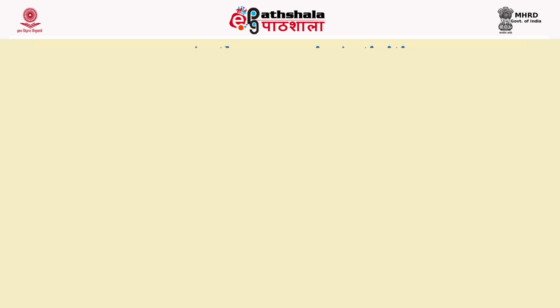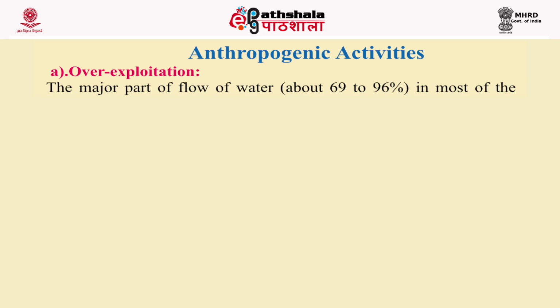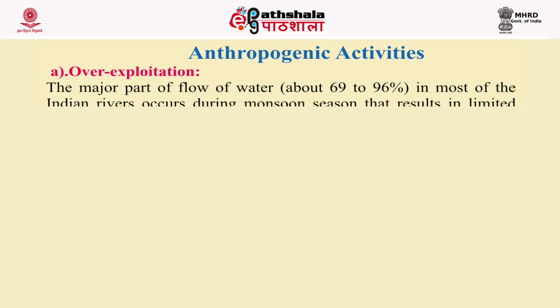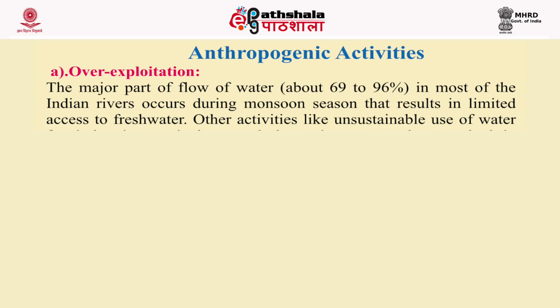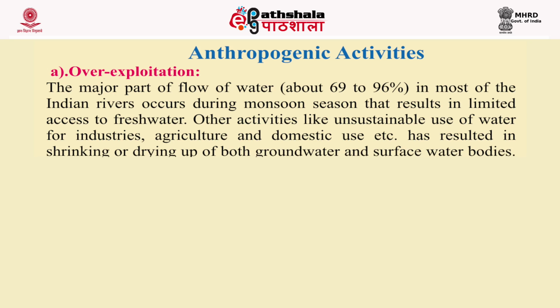Now, the different anthropogenic activities are: first one is over exploitation. The major part of flow of water, about 69 to 96% in most of the Indian rivers, occurs during monsoon season that results in limited access to fresh water.